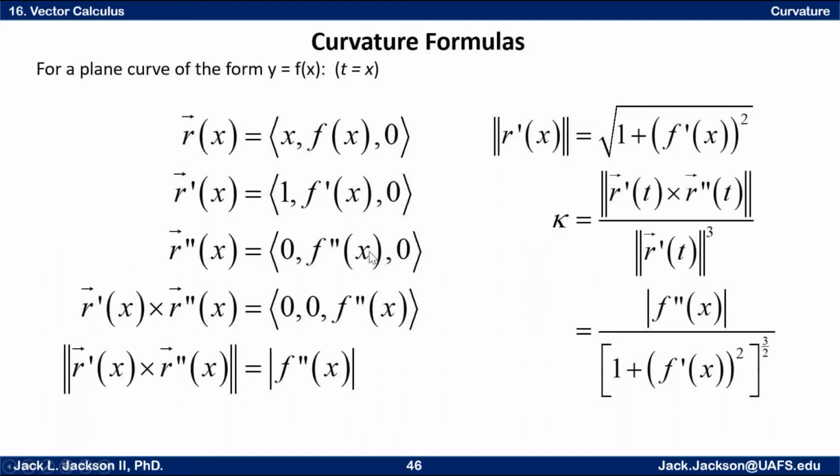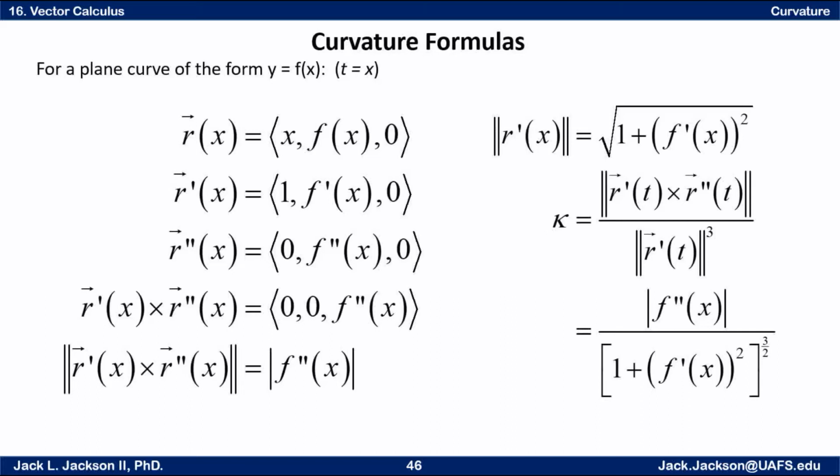Well, j cross j is 0, so that goes away. There's nothing to worry about over here on the z's. And here you have an i cross j, which just is a k, and the size of it is just f double prime. So the cross product anyway, you can work that out. It's 0, 0, f double prime.